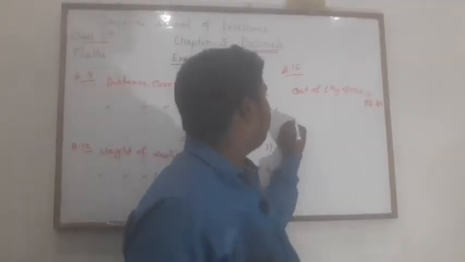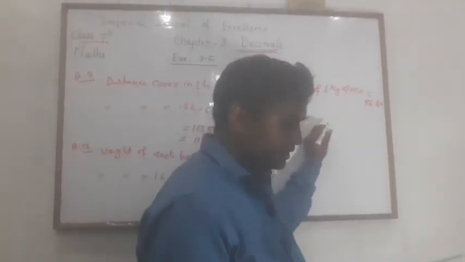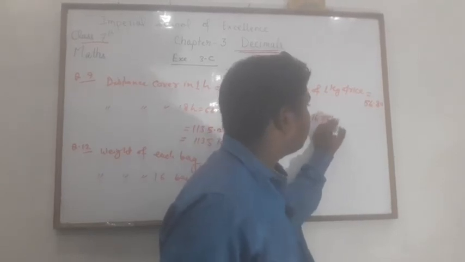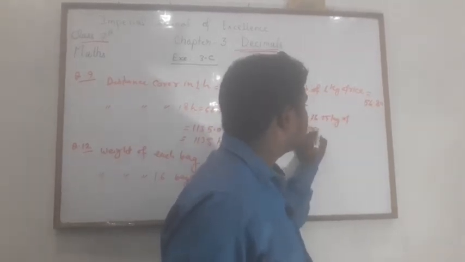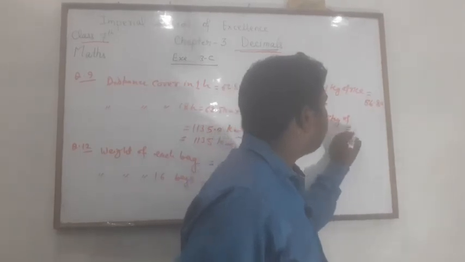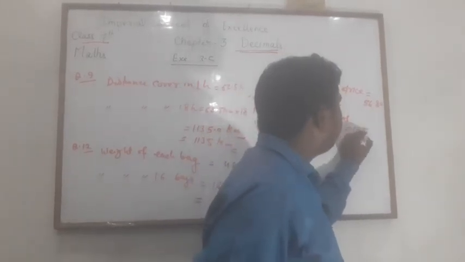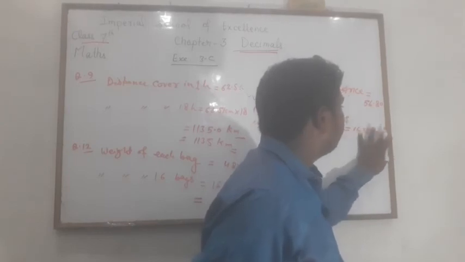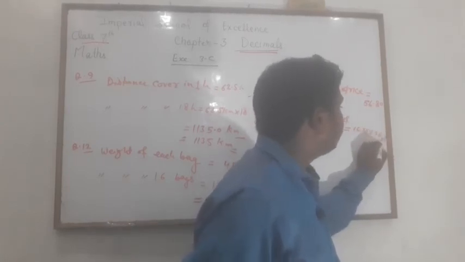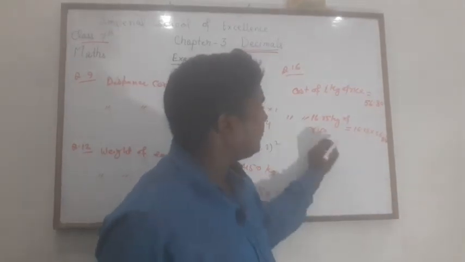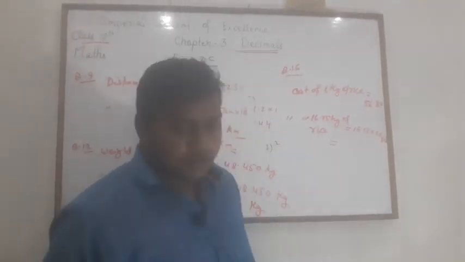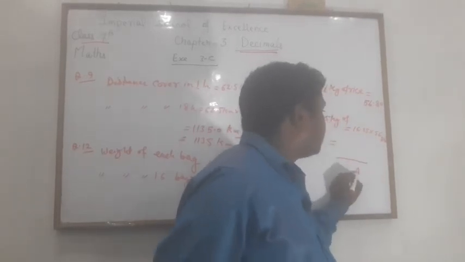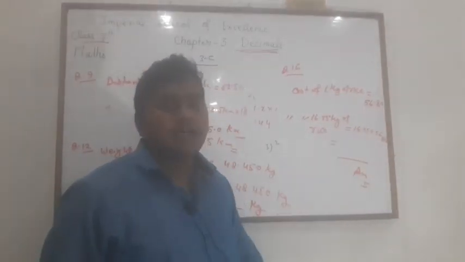Okay, so the cost of 16.25 kg of rice is equal to 16.25 multiplied by 56.80. So you have to multiply these two numbers and this will be the answer. Okay, so multiply these numbers and write the answer.